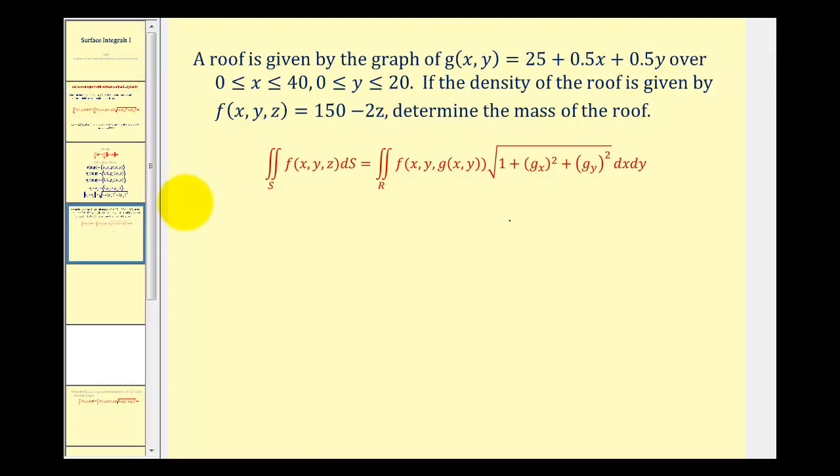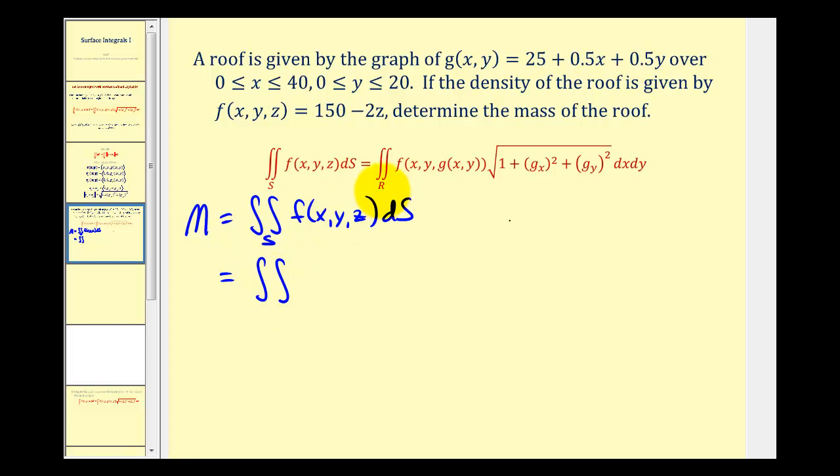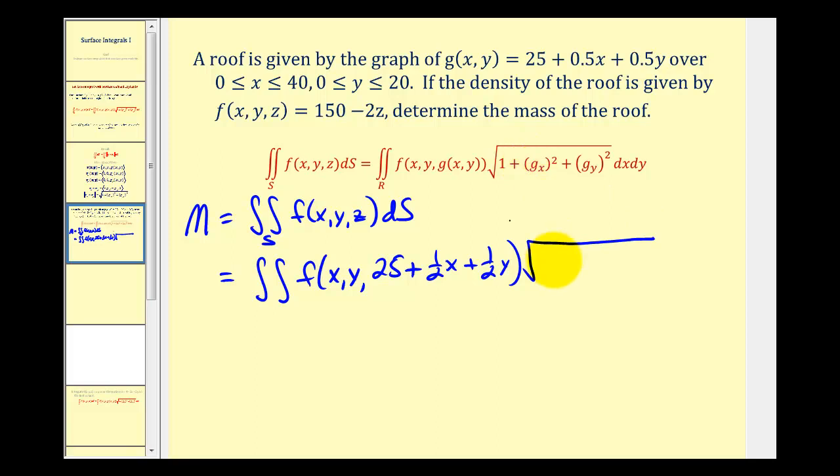So let's go ahead and set this up. The mass is going to be equal to the double integral of f of x, y, z, our density function, integrated over the surface S, which is going to be equal to the double integral over the region R of f of x, y, g of x, y, which is 25 plus 1/2 x plus 1/2 y, times our integrating factor of the square root of 1 plus the partial derivative of g with respect to x squared.